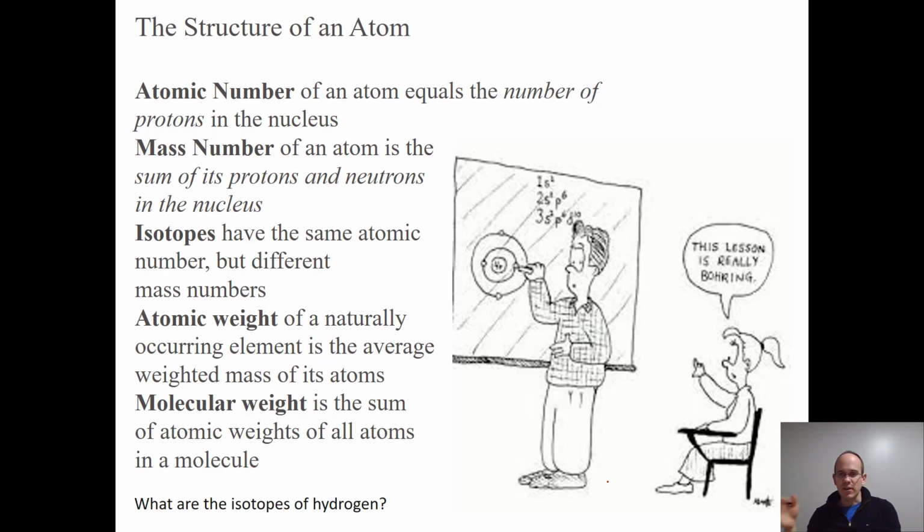So if O16 is the most abundant, what do I mean by weighted average? I mean that you take the average of the isotopes, but you weight it towards the one that's the most abundant. So if O16 is 99 point whatever percent, we'd say 99% of that average is composed of O16, so it's going to be really, really close to 16.